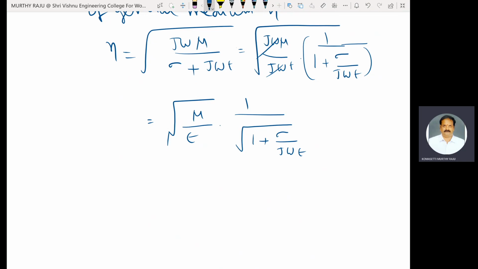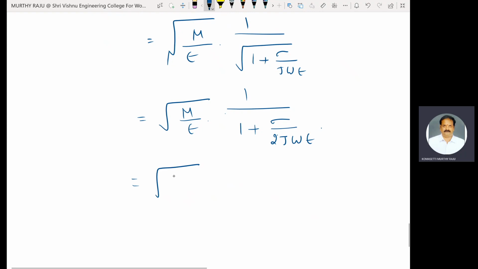That is equal to the square root of mu by epsilon times 1 by (1 plus sigma by 2j omega epsilon).